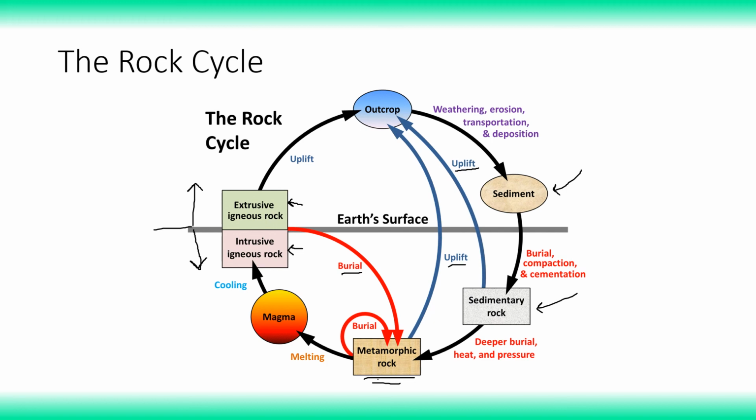It's not a perfect diagram because you could maybe draw in a red arrow, or I guess maybe not a red arrow, because they've colored them a little bit weirdly, right? These heat and pressure ones have black arrows, but they don't really talk about the heat and pressure part to these red ones. So the color coding is a little bit confusing. They've got uplift with a black arrow over here, but with blue arrows over here.